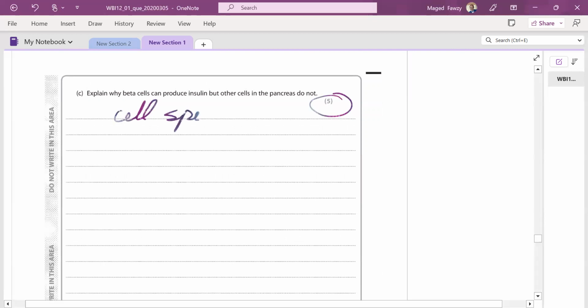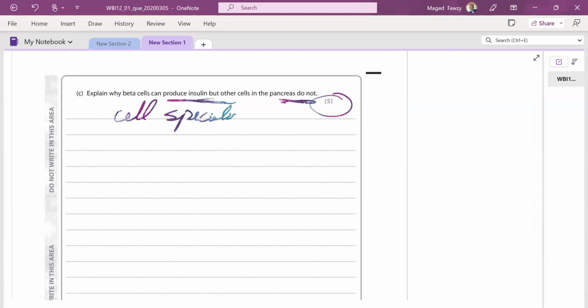ده جين اكسبريشن على طول. لازم تكلموا على سيل ده special gene expression، نتكلم عن acetylation وال exons والانترونز. We talk about that the histones are less dense, therefore they're read by the DNA polymerase.